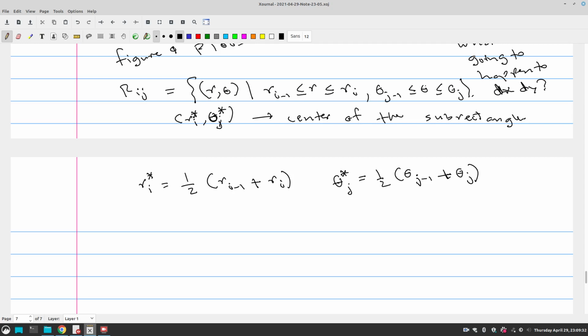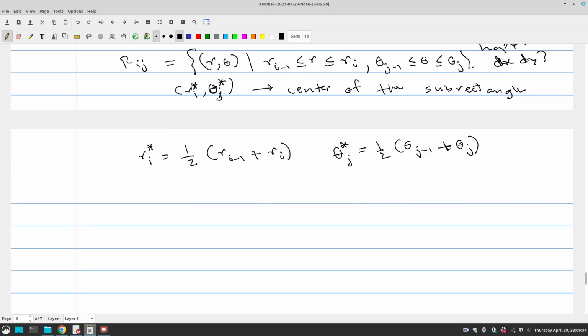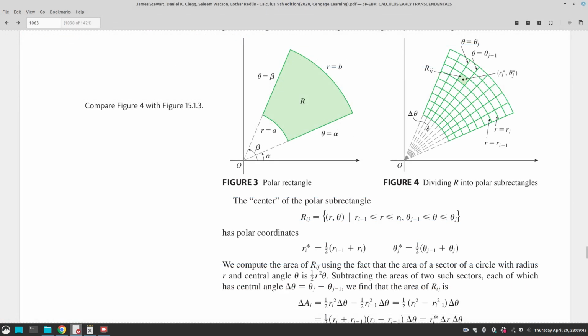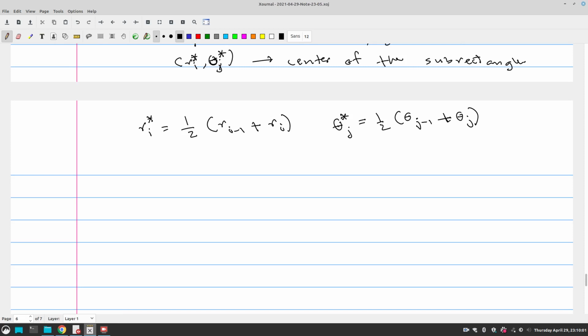So the area of this subrectangle is, remember, this is an arc of a circle, a chunk of a circle. So this is the radius r_{i-1}, r_i, and we use the sector of a circle formula.